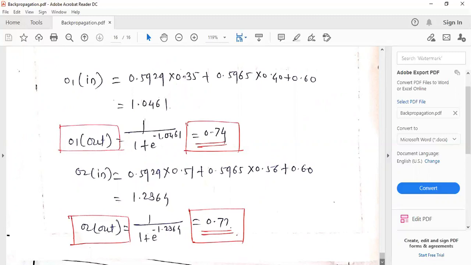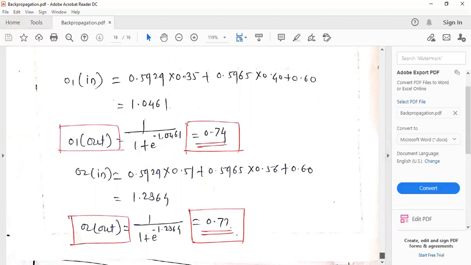Now, by doing all these things, whatever weights you have reduced are these weights. You have to achieve values like 0.01 and 0.99, and still after a complete step of back propagation, you get values like 0.74 and 0.77.